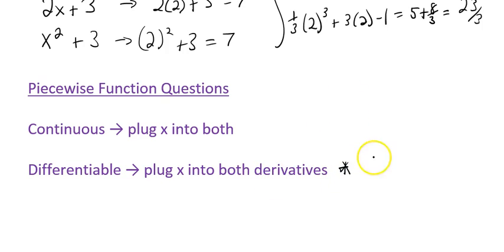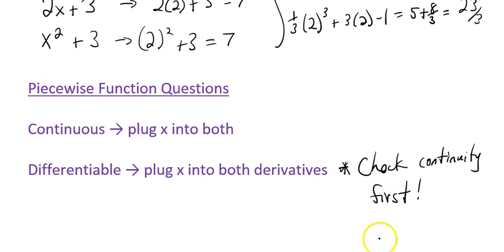But let's put a little star right here and say check continuity first. The only time you wouldn't have to check that is if they told you it was continuous. Sometimes they will tell you things like that. But if the graph has a hole or the graph has a jump, then it's not differentiable there, and you're wasting your time doing work just like we did. So good lesson learned, but this is kind of the math that you're going to be doing today. And that concludes this lesson.